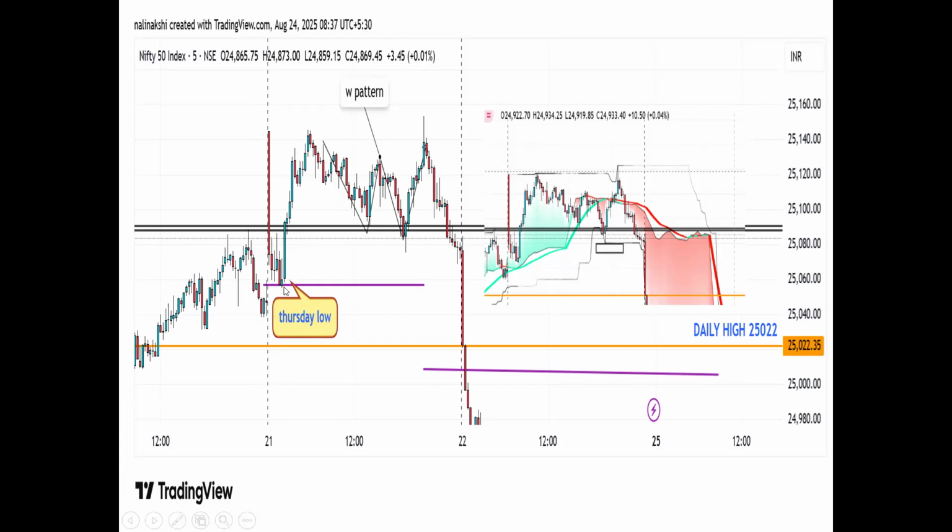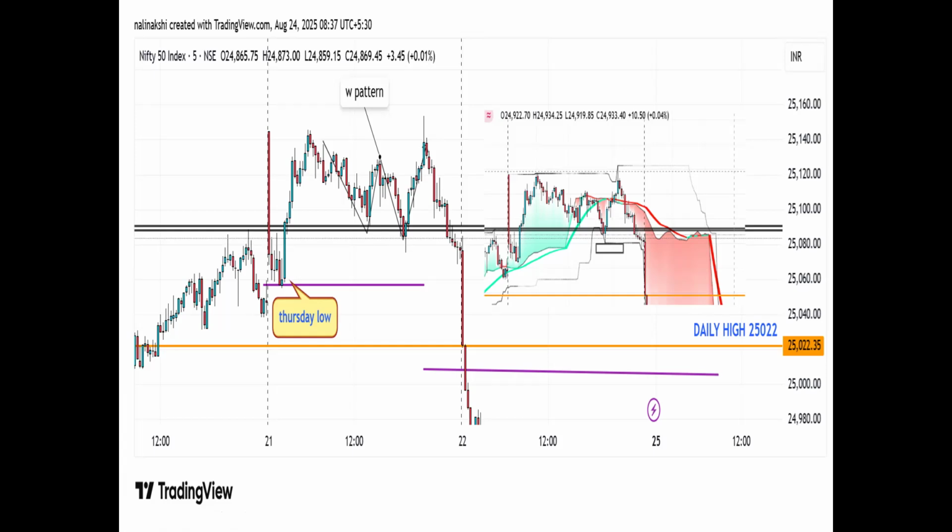Then it acted as a support and price started moving almost to this level, that is 25,140 or something. Then it started retracing. What you will think is, definitely all the traders, professionals, they will think it is a strong uptrend, because many times these presentations will be shown, and many times price has moved above that also.